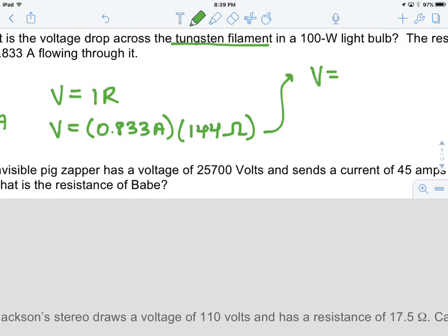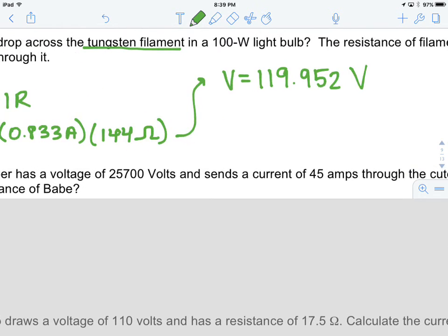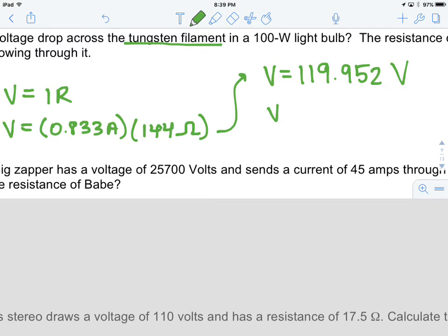Yes, you can use your calculator at this point. So when we do 0.833 times 144, we get 119.952 volts. And we're going to round this to 120 volts.